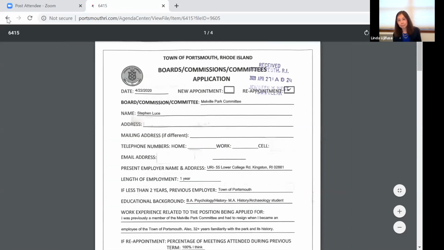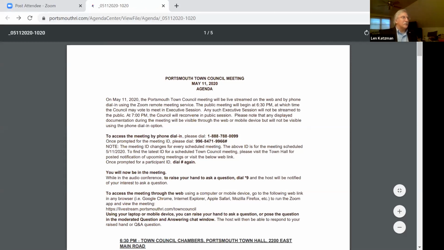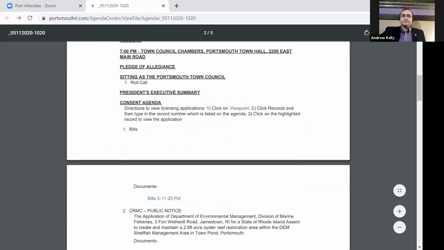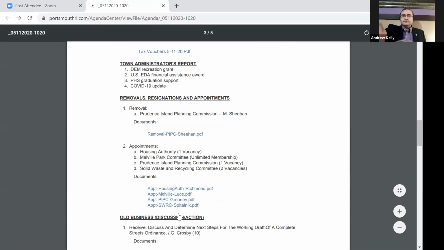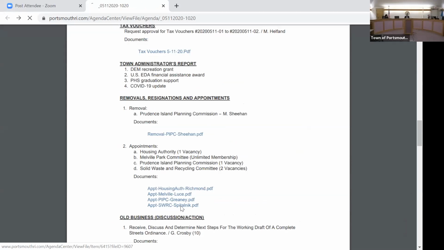Aye. Mr. Hamilton? Aye. Katzman? Aye. Mr. Kelly? Aye. Dr. Ryan? Aye. And Mr. Aguirre? Aye. Motion passes 7-0. And on to the appointments for the Solid Waste and Recycling Committee.